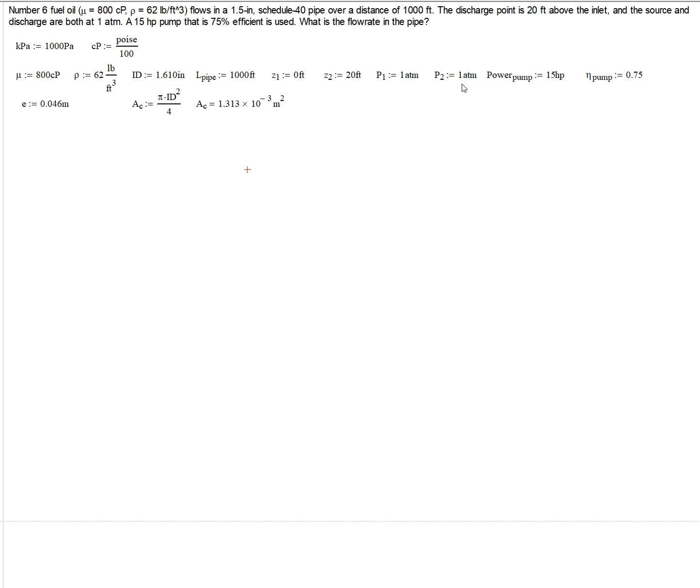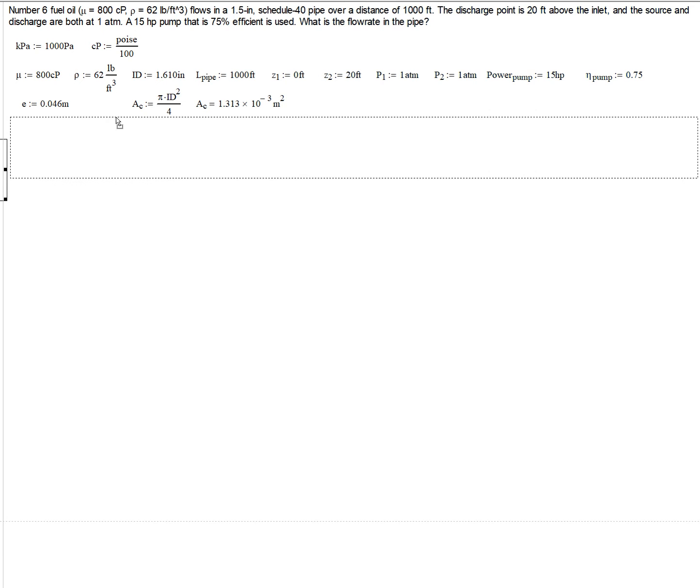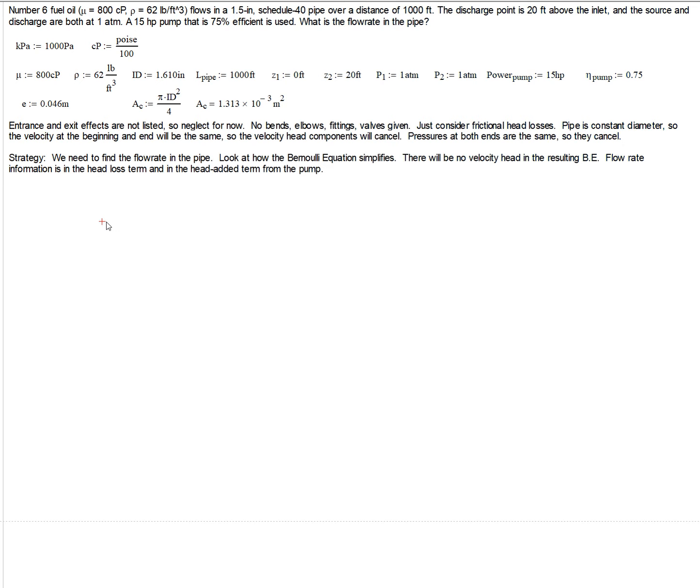The destination pressure is at atmospheric pressure. The power for the pump is 15 horsepower. The pump is 75% efficiency. We have a roughness factor for our commercial steel pipe, and then of course it's constant cross-sectional area, so we can calculate that right away.